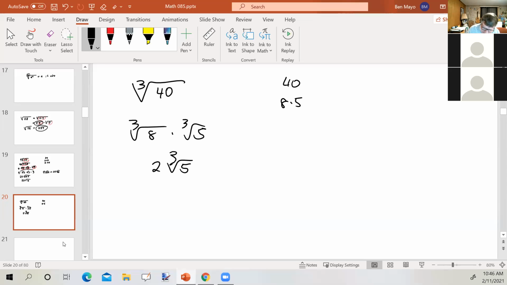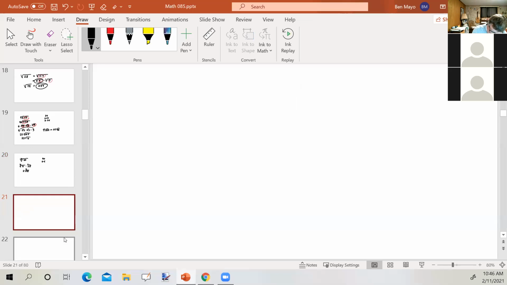Okay, now let's go back and let's do that a bit slower. Let's say that off the top of your head, you don't recognize that 8 is a factor of 40 and 8 is also a cube. You could do it this way.